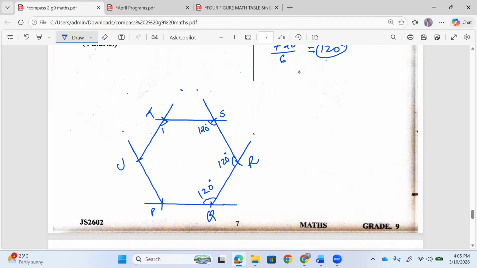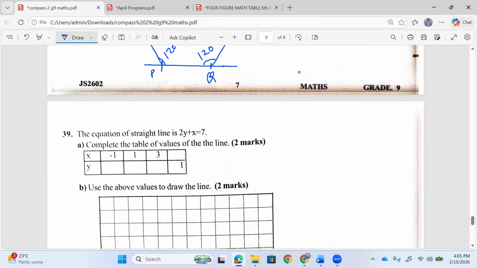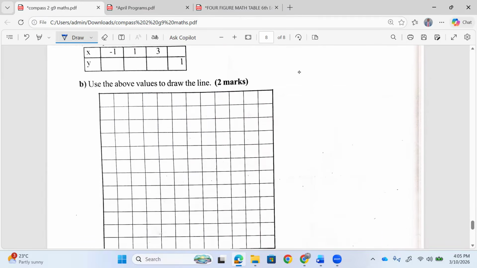We've measured so accurately, and the lengths have also been measured so accurately. So we have 120 degrees, and the sides are 3 centimeters each. A very good diagram.